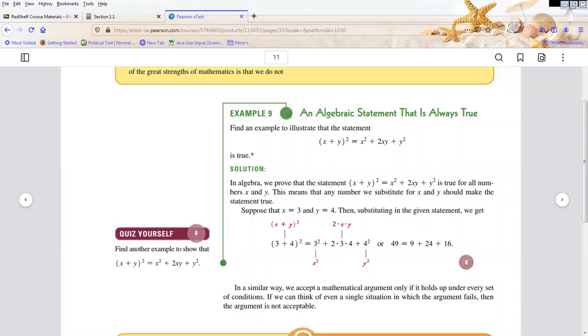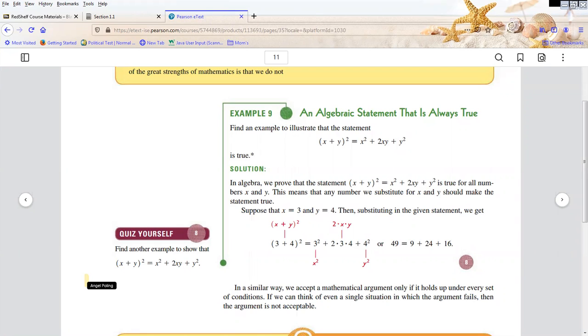In Quiz Yourself number 8, we're just asked to find another example that shows that the quantity x plus y squared equals x squared plus 2xy plus y squared. So we can take any 2 numbers that we want. They use 3 and 4.